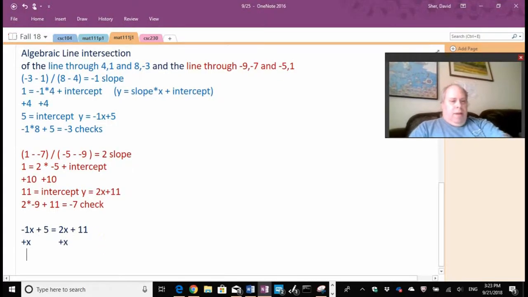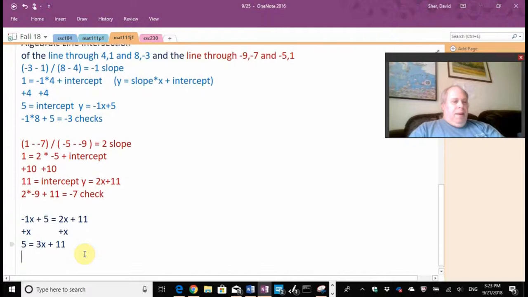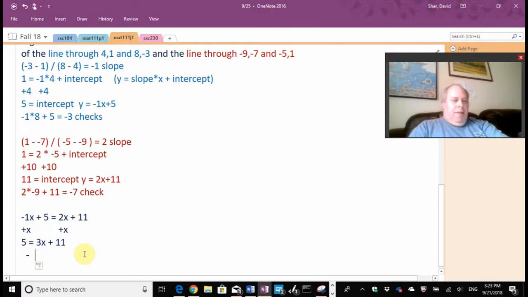So that's going to give me 5 equals 3x plus 11. Okay, because 2x's plus 1x is 3x. And negative 1x plus an x is 0. Now, I'm going to subtract 11 from both sides.